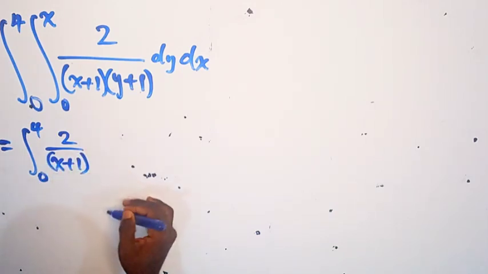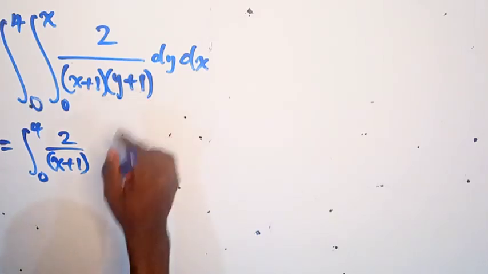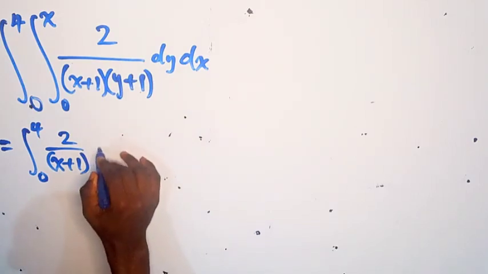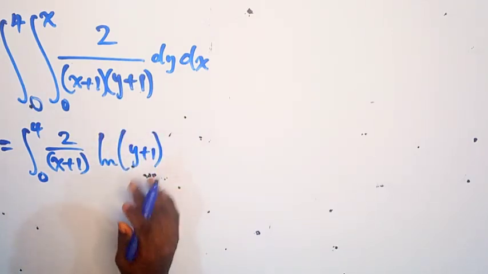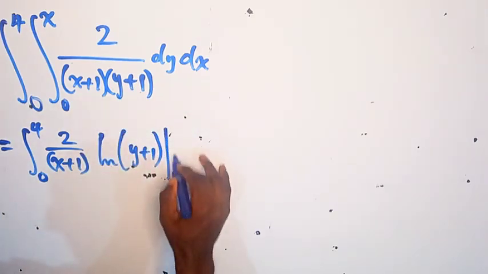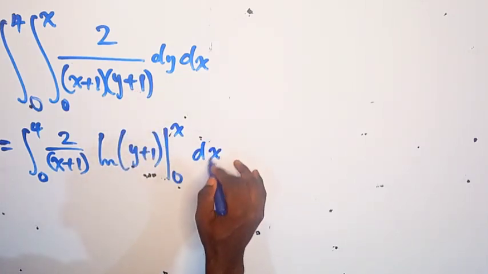Now we're looking at 1 over y plus 1. When we integrate that, 1 over y plus 1 will just give us the natural logarithm of y plus 1, because you're integrating 1 over that. This is taken from 0 to x with respect to y, and then you put the dx over here.